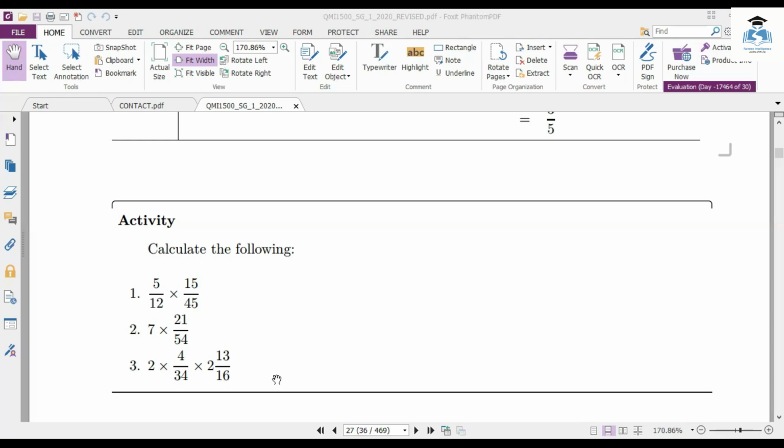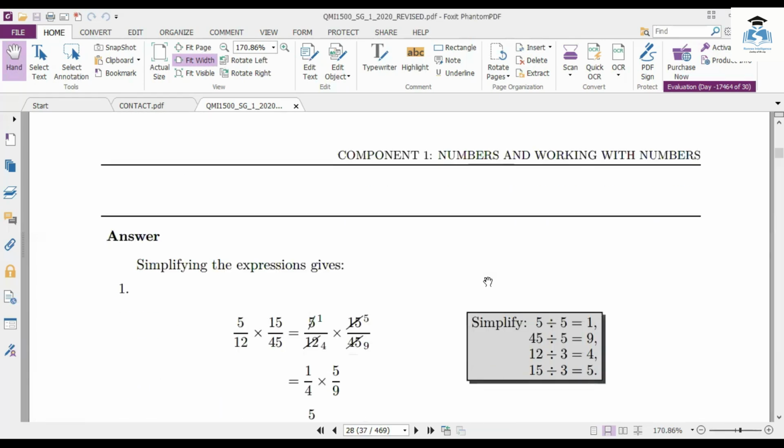So if I press my 2, I press my second function or shift, and I will press that one. Automatically, it will bring this out. Then 13, I'll press my down arrow, 16. Then afterwards, equals. Then it will give me the final answer. So you can also use your calculator to do that. All right, let's move.